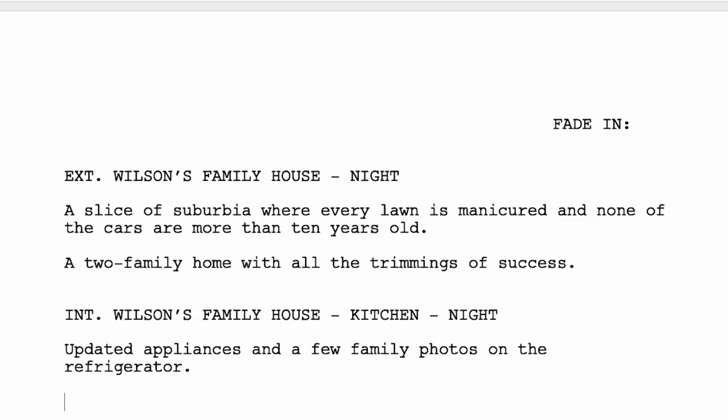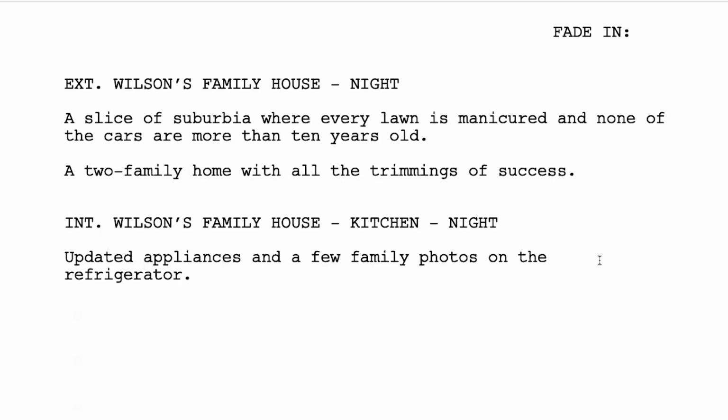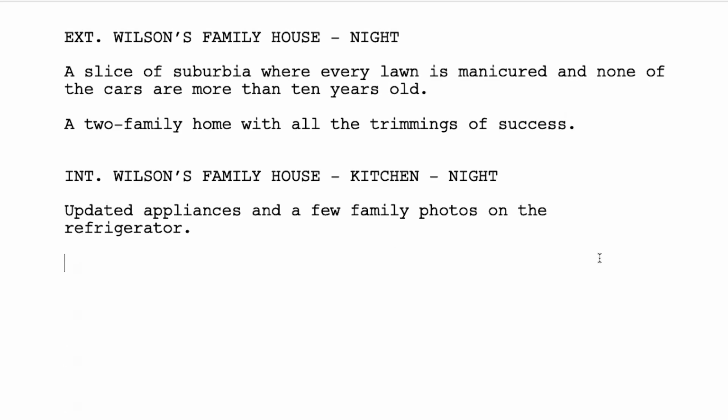So I always like to give some type of description of the room before we get into the characters. And in this example, we're going to do a non-visual description of this scene with the two characters that I'm making up off the top of my head.